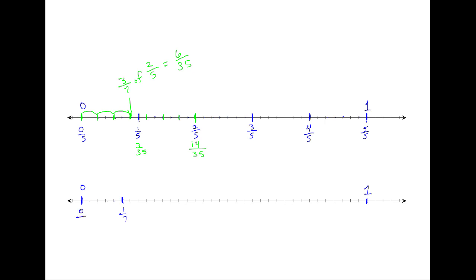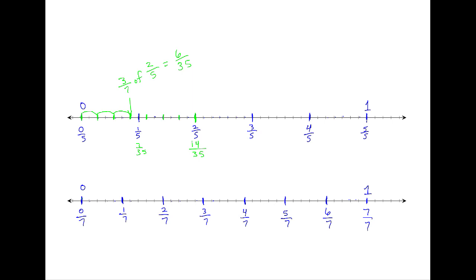Here's 0/7. 1 through 5: 2/7. 3/7. 4/7. 5/7. 6/7, and then 1 through 5, it's even 7/7.